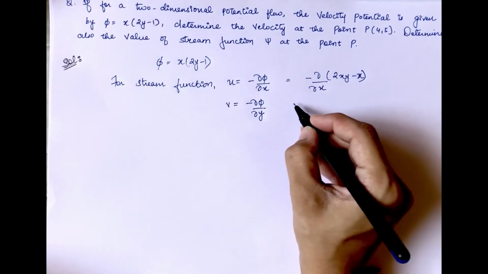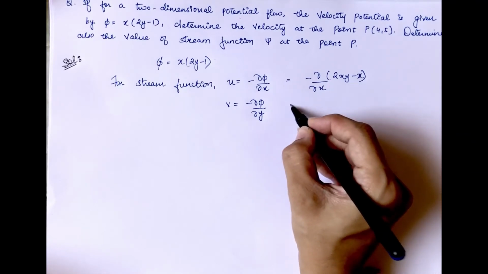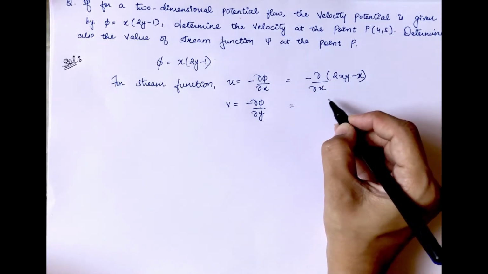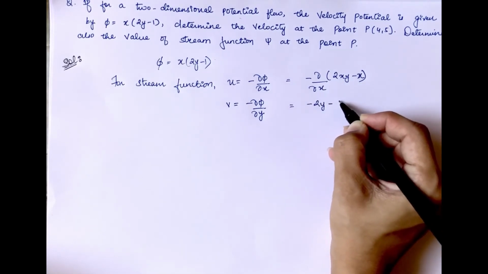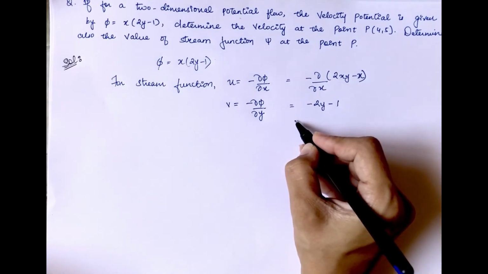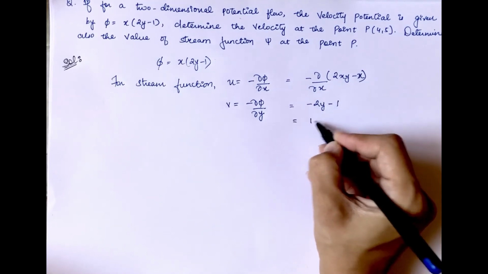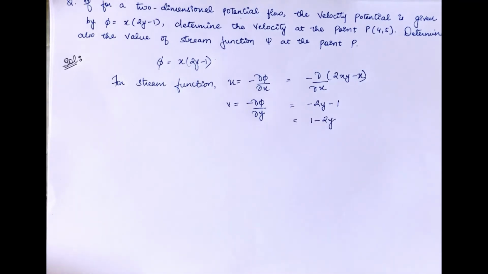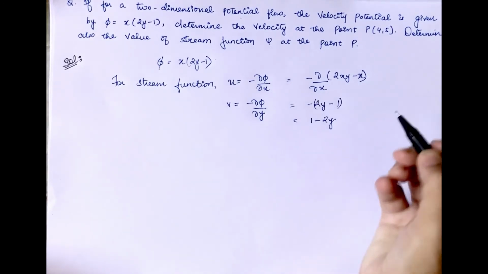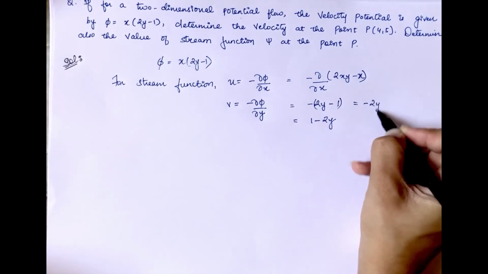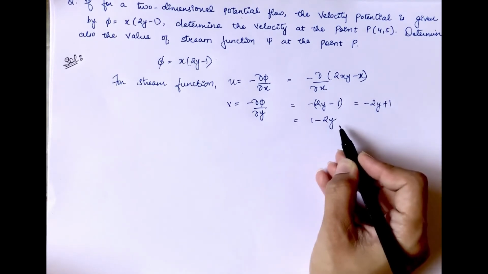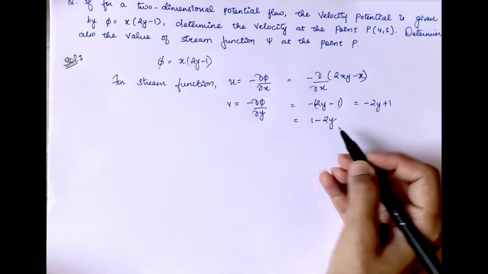What will be the differentiation of this? With respect to x, minus (2y minus 1). Here this bracket is there, so minus 2y plus 1, so it will be equal to 1 minus 2y, that is the value of u.